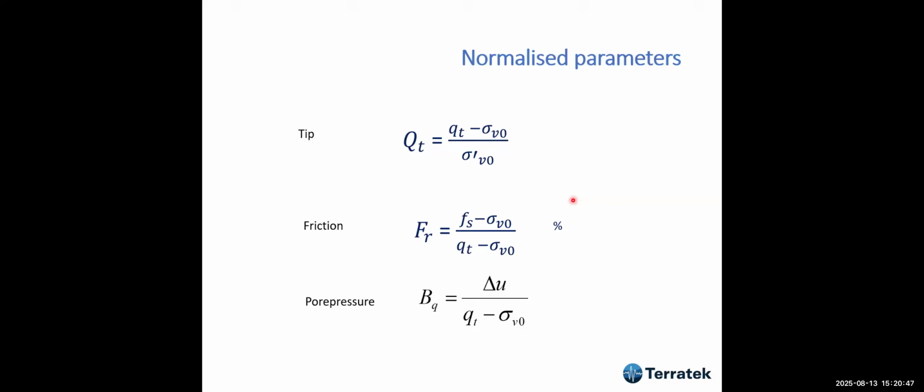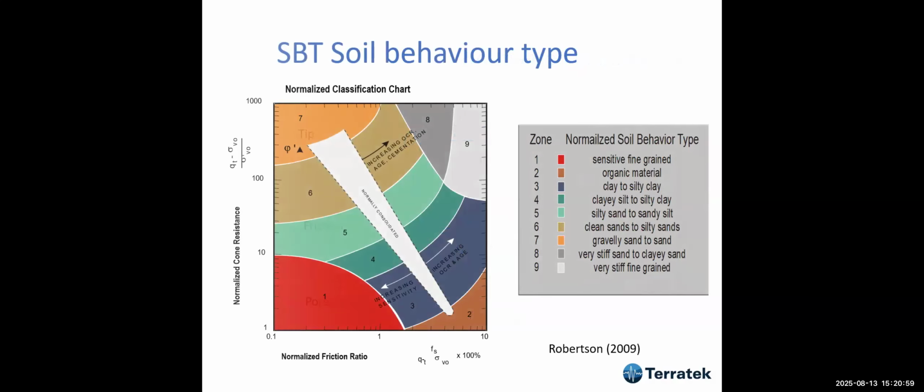Later on, Peter Robertson decided to use normalized parameters for tip, for friction, and for pore pressure. Okay, and we have this. This was a development that came after some time.